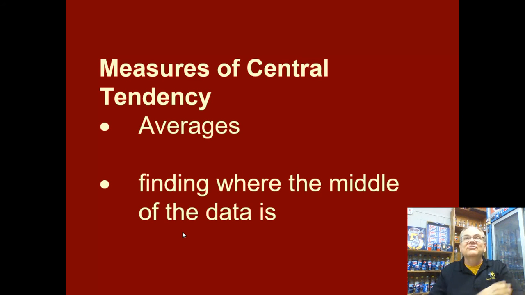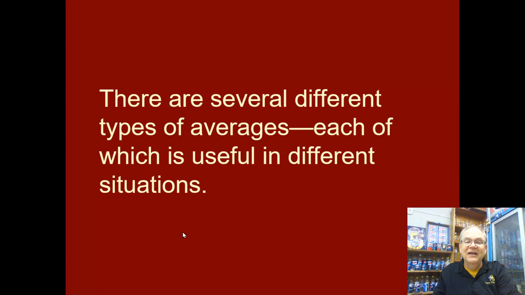As a matter of fact, there's probably close to a dozen types of averages I could have you do if I wanted. We're not going to look at that many, but we are going to do the ones you already know how to do, what I call the big 3. And we're going to talk about a couple other ones, one because it's really easy, and one because it's really important. So we will be learning a few things that you don't already know as well.